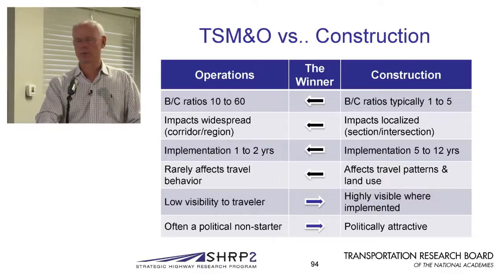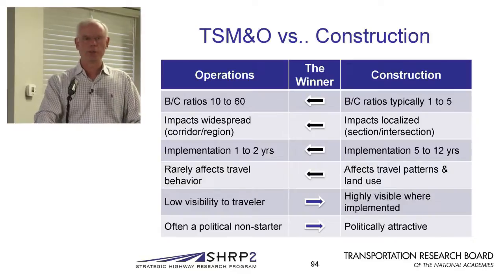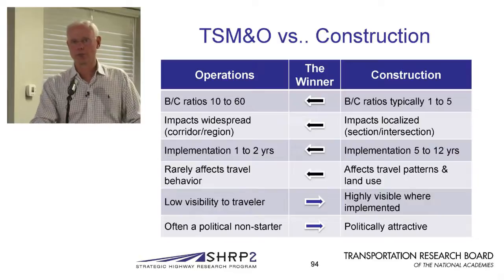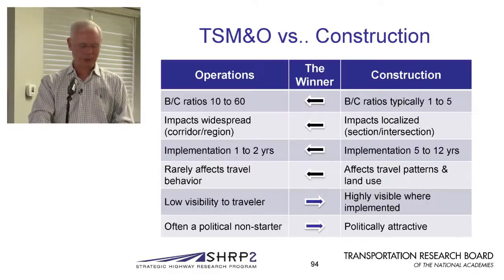So the construction side is more highly visible and, because of that, a lot of times more politically attractive. It's a better picture when you're cutting a ribbon on a new highway than in front of a building with a bunch of computers and a screen that the operators are looking at.